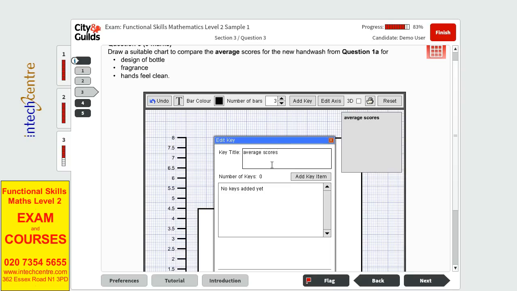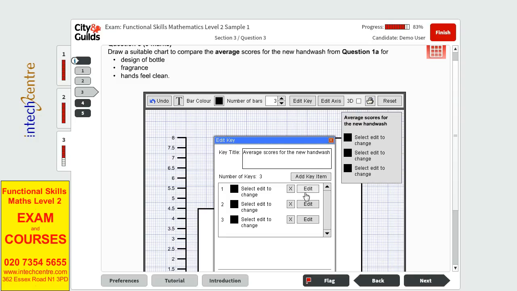You can use the title of the question where it says draw a suitable chart to compare the average scores for the new hand wash. So average scores for the new hand wash. You might not always accept all of the characters, so make sure you keep it quite short. Number of keys: because we have 3 bars, you will need 3 keys.